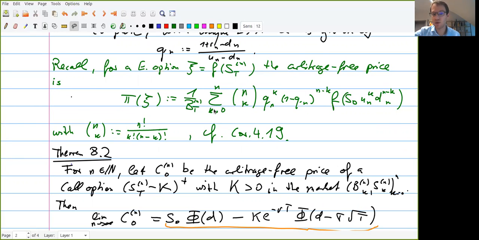We know all the call prices. If we plug into this formula, which we now call 8.2 in the lecture notes, we look at this formula, and in the end, we just need to understand what this formula converges towards.